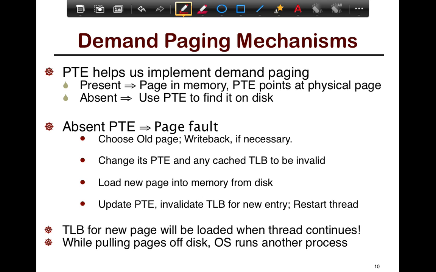And the TLB will be automatically loaded when the thread continues, and while pulling pages from the disk, the OS runs another process. But remember that if there's no space and the OS needs to replace something, that replacement is going to take a certain amount of time. And so in such cases, the incoming page has to wait for the replacement to finish.